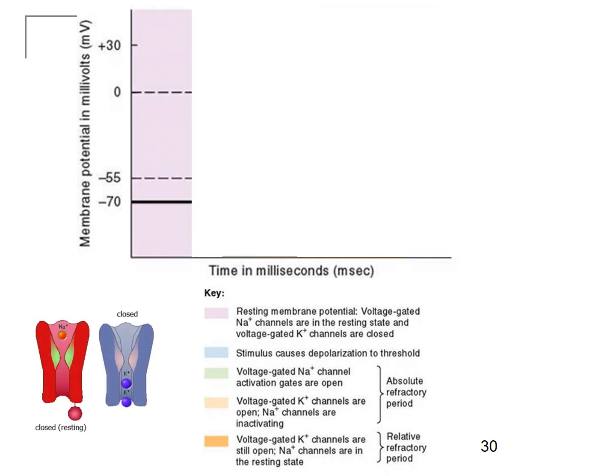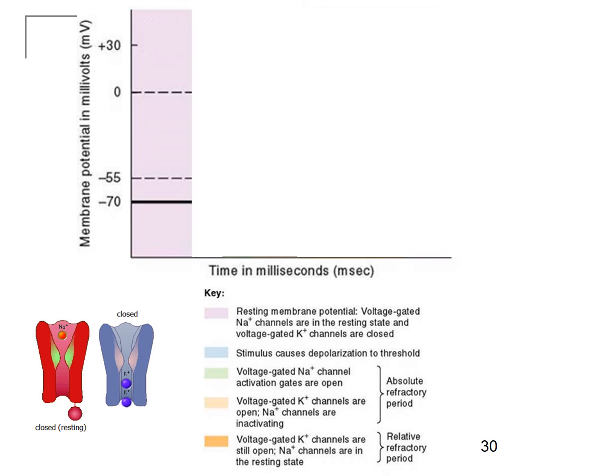So right here is resting membrane potential. Now, the voltage-gated channels are in the resting state. Take a close look at that. Resting state means the activation gates are closed, the inactivation gates are open. Now, you can open up the channel from the resting state.